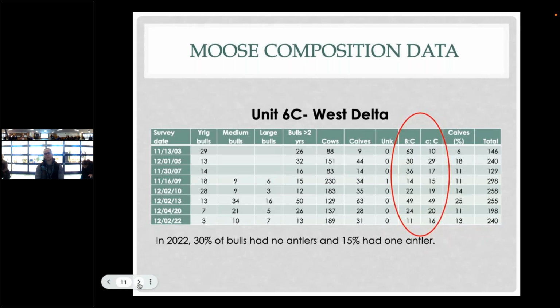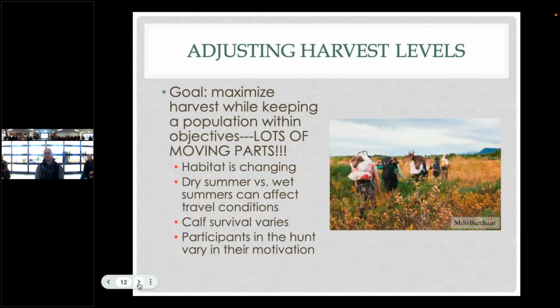So what do we do with all this information now? Well, we have the goal of maximizing our harvest while at the same time keeping the population within objectives. And there's lots of moving parts, a lot of which I can't control and I also can't even understand. Our habitat is changing and we've had record dry summers and record wet summers in the same 10-year time frame.